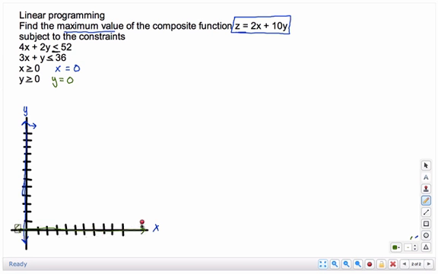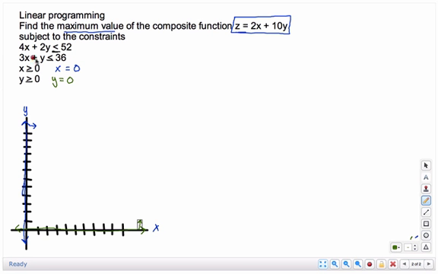Your inequality is y is greater than, so that's going to be above. Y's are greater than above the line, they're less than below the line. So it's going to be in the positive x and positive y, in quadrant 1 here.